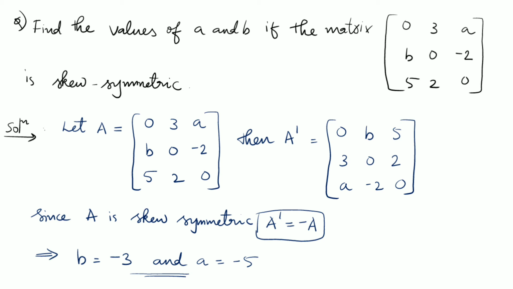So you have the matrix A, you have to find A dash and then you have to check for minus A. Okay, minus A. How will you write minus A? If it is minus of A, I'll write it here.